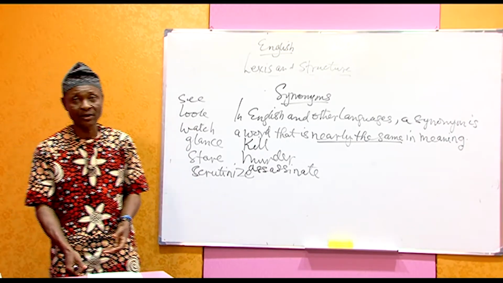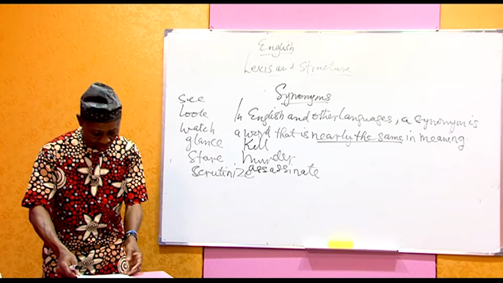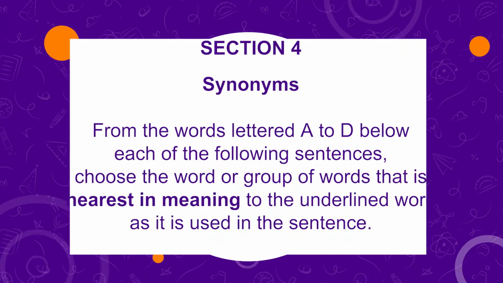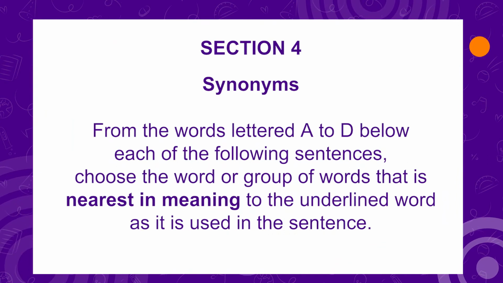So let us look at one of those questions that has to do with synonyms. From the words lettered A to D below each of the following sentences, choose the word or group of words that is nearest in meaning to the underlined word as it is used in the passage.